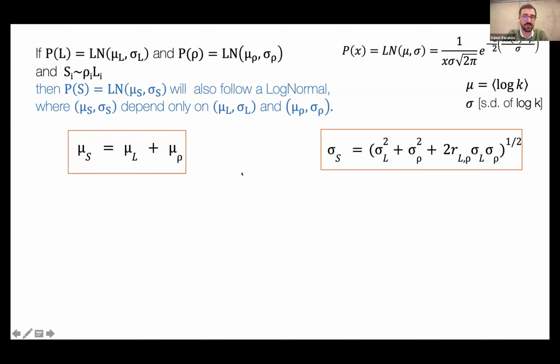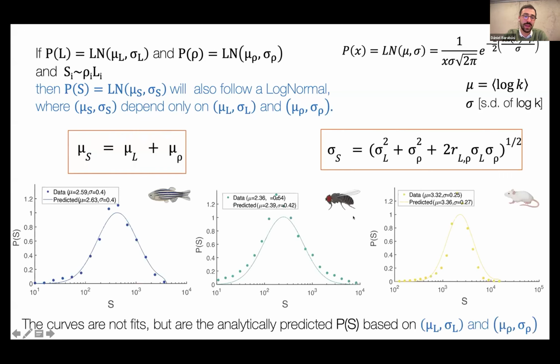You can derive both the mu value and the sigma value for a log normal like this. We show how well this works here, where in big letters we always have to write that the curves are not fits, but the analytically predicted values based off of the length distributions and the density distributions.